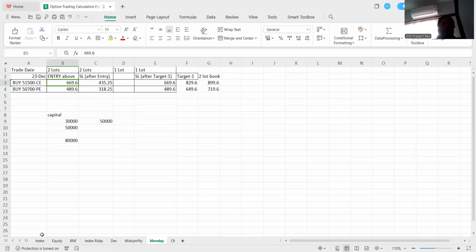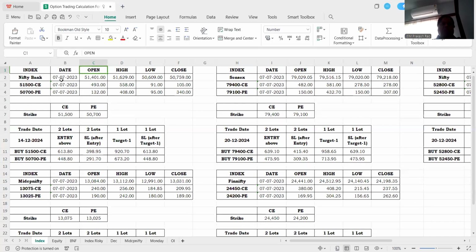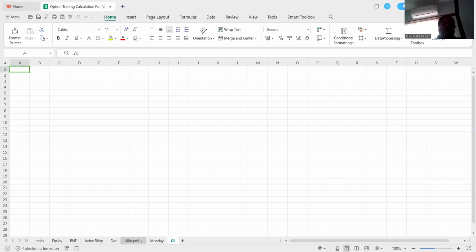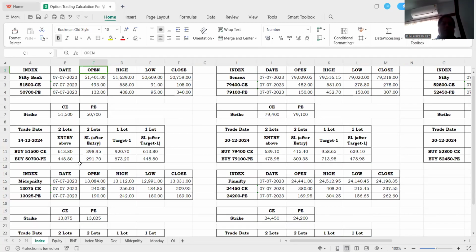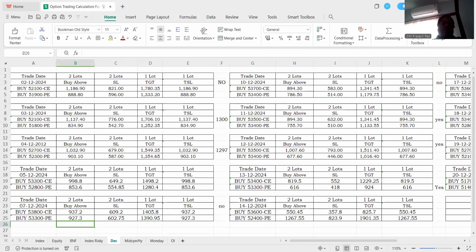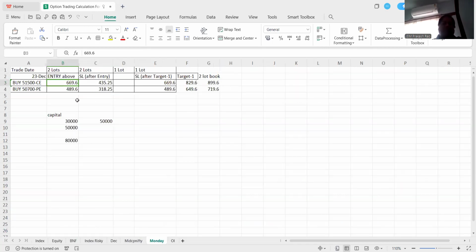I'm putting the open interest data here, and once I put the input, it will give me the output here. For example, here it is for Bank Nifty, and here it is giving me the entry data. I'm just making it a system of trading where we don't have to do any complex things.